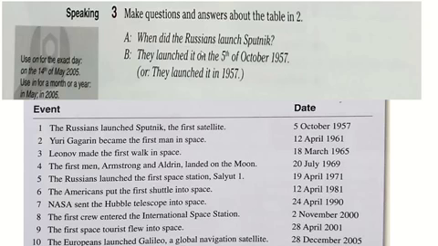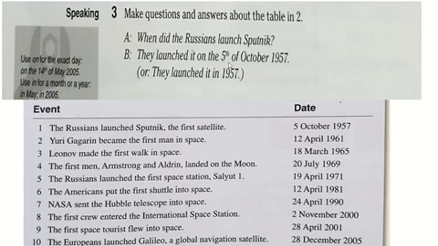Look at the prepositions. They launched it on, because I use on with the dates. I mean, I use on with months and days. So on the 5th of October 1957. Because here we have a month and a day of the month, I use the word on. I can't say in. Okay?